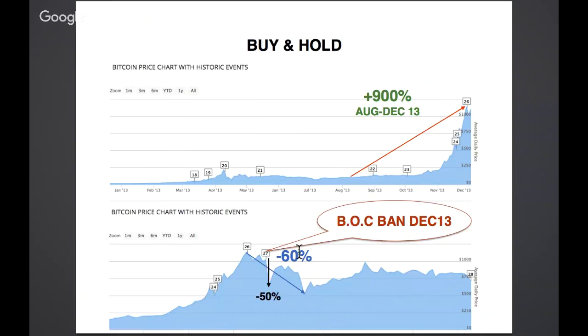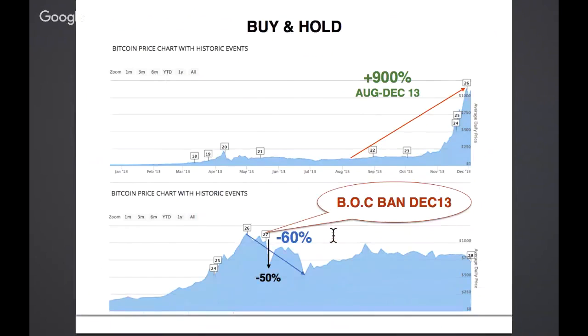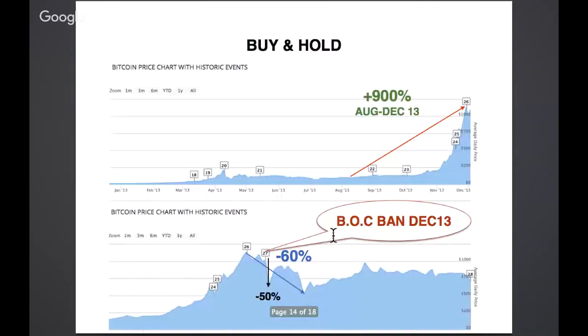Now, look what happened here. I just want to identify one little period of time here. This is in around the December 13 Bank of China ban on financial institutions holding Bitcoin. They didn't ban Bitcoin. They were okay with Bitcoin.